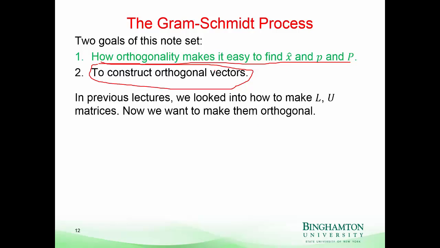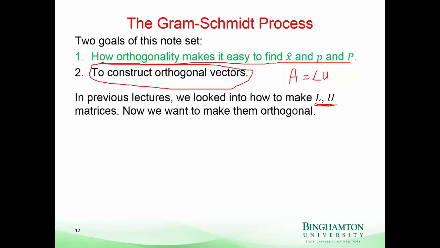So we've looked previously at an LU decomposition. You give me an A matrix and I can decompose it into L times U, where L was lower triangular and U was upper triangular. Well, now we want to make at least one of these matrices have orthogonal columns.